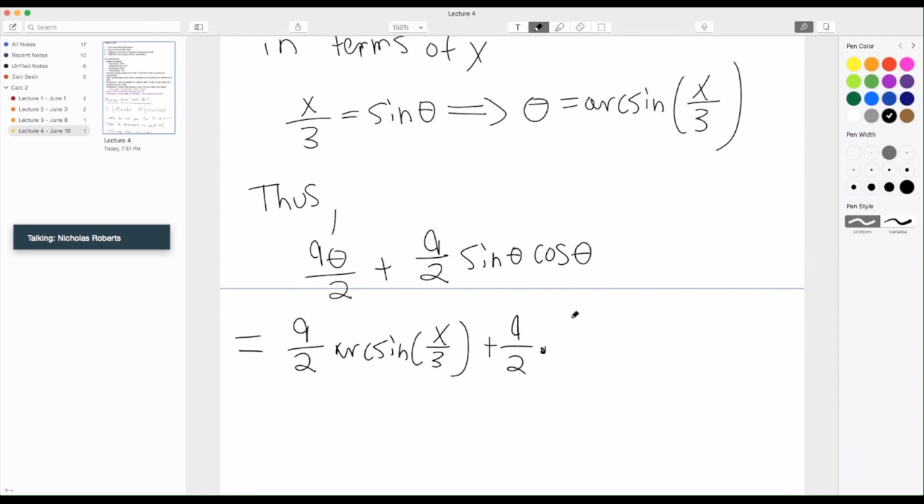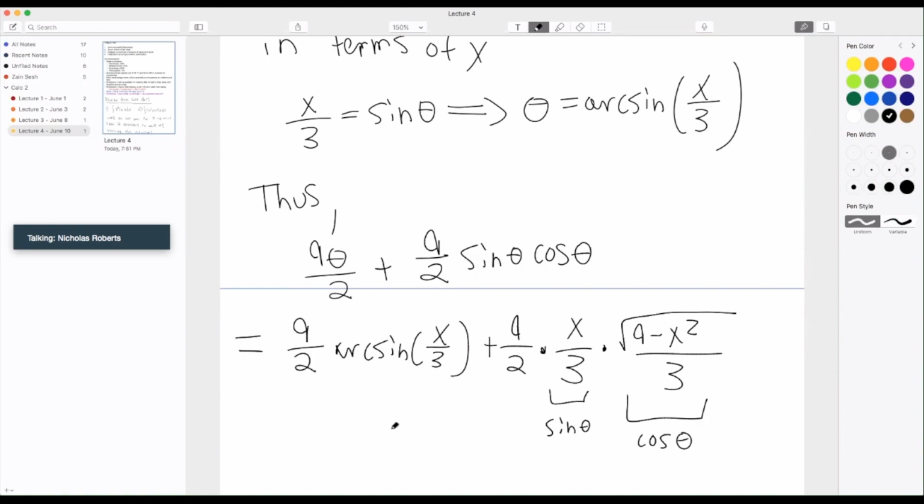It was x over 3. And our expression for cosine was the square root of 9 minus x squared over 3. This is sine theta, and this is cosine theta. That's why we drew the triangle, so we could read off these values.